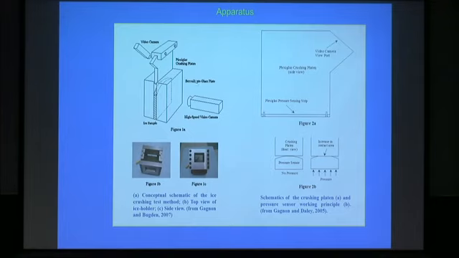Another type of apparatus that we developed at NRC was an edge crushing type device, where you have a piece of ice constrained by thick glass plates on the side, and the crushing is done from the top.